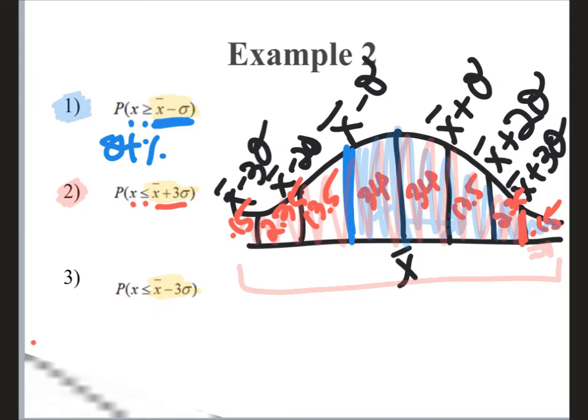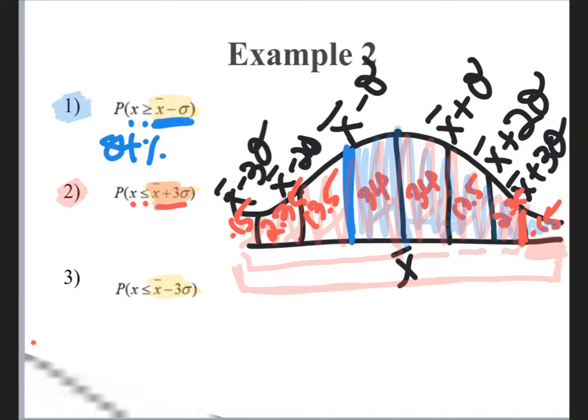Okay, so it's kind of like the linear programming where we were shading lines. You're finding your line, and then you're figuring out which way it's shaded, and then you're adding up those percentages. Okay, there's just different ways to add and subtract to find these. Okay, so if you wanted to, you could take 2.35 plus 13.5 plus 34 plus 34 plus 13.5 plus 2.35 plus 0.15, or you could do 100 minus the stuff that you did not shade, or you could do 50 plus this one plus this one plus this one.